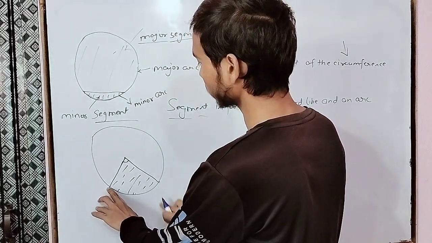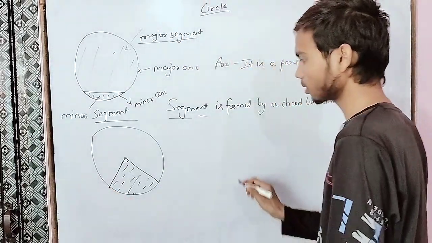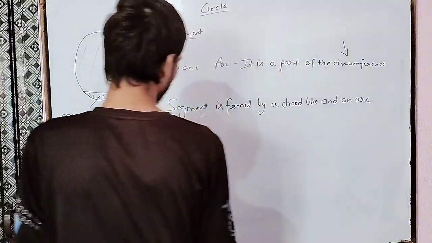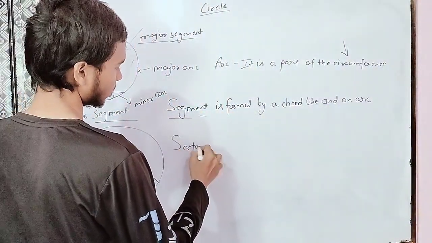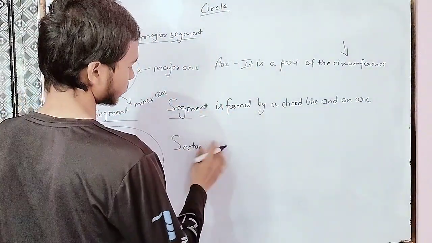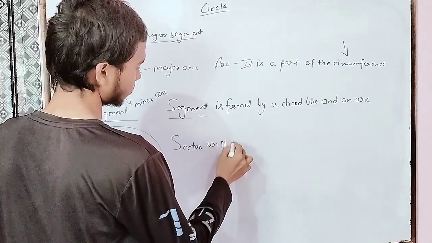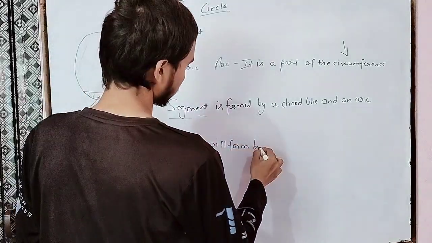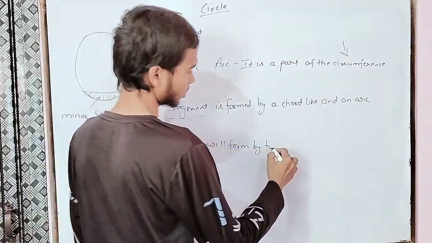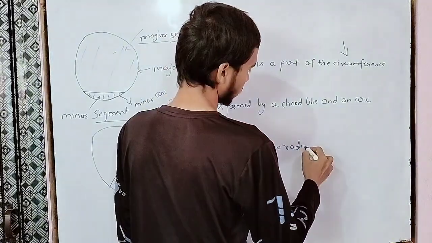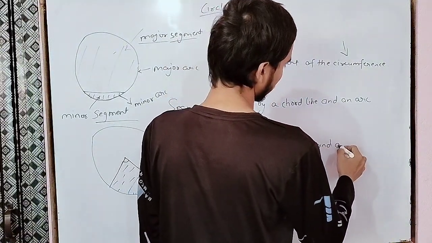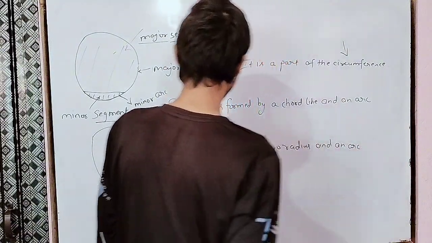So without an arc, a sector cannot be formed. We can say a sector will be formed by two radii and an arc. Then it will be possible.